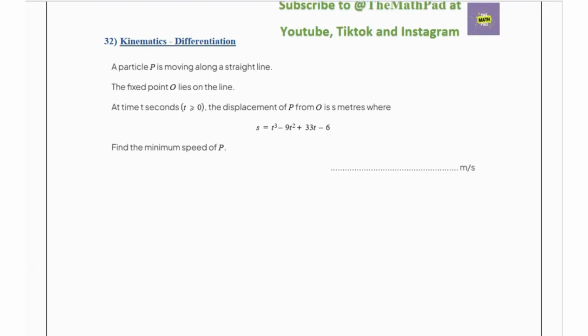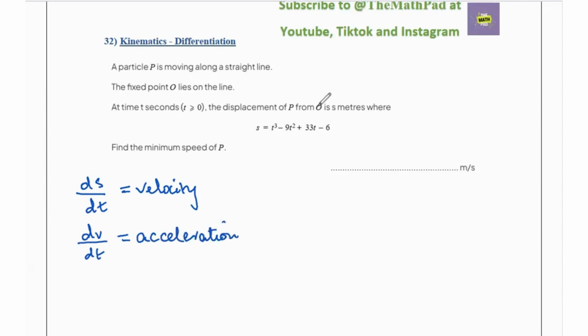So you need to be aware of the fact that when you differentiate displacement, that gives you velocity. And when you differentiate velocity, that gives you acceleration. So they have given us the displacement function, and they're asking us for the minimum speed.